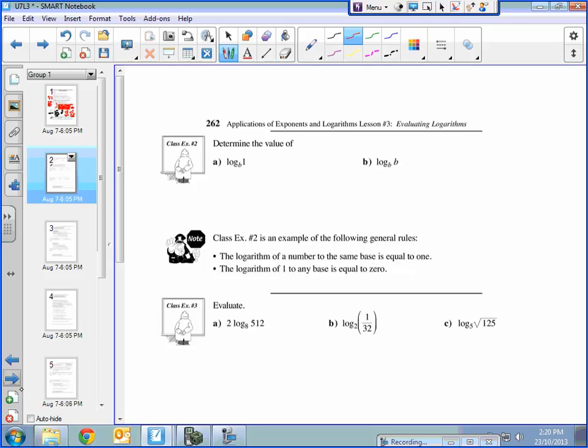Okay, determine the value of log of 1 base b, or log of b base b. So log of 1 base b, set it equal to x. So let's do the same step we did before. What is this exponentially?